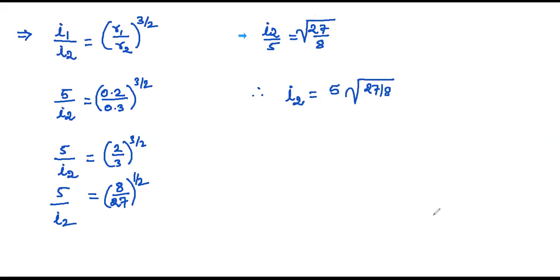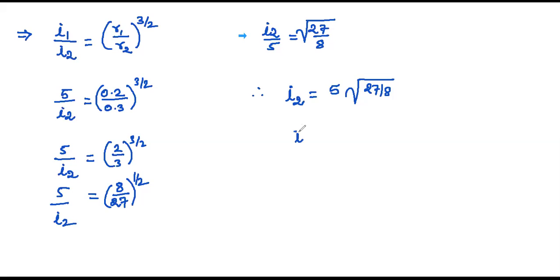Yes, if you want to find this square root, you can do it. 27 by 8 you are getting 3.375, and its square root you are getting 1.83.